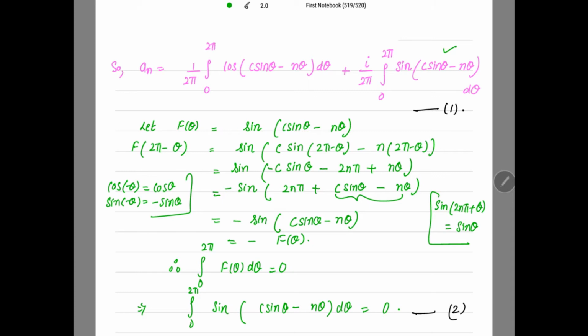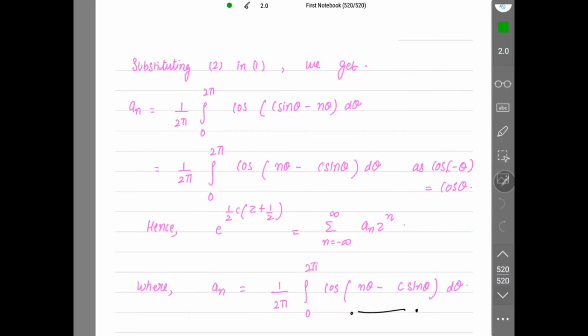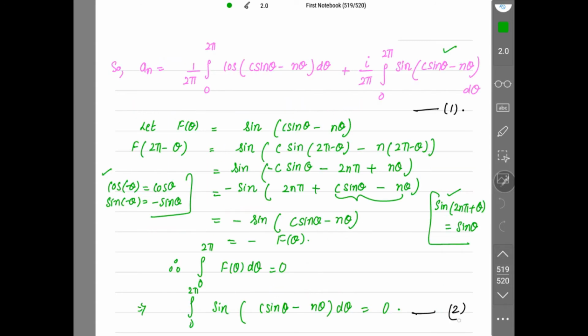We have used two results. One is this and one is this. So substituting 2 in 1, we get this. Substituting 2 in this one, we get only the first integral, second is 0.